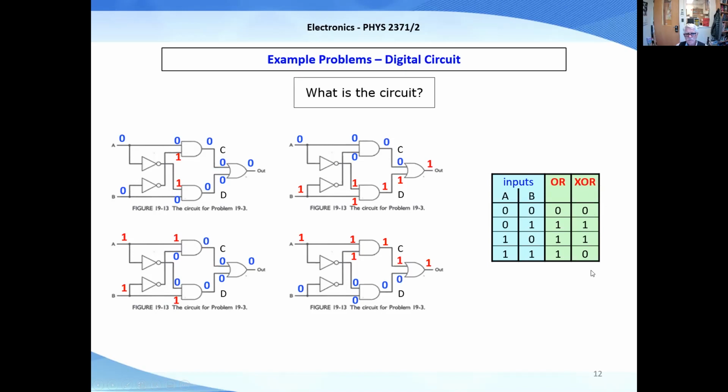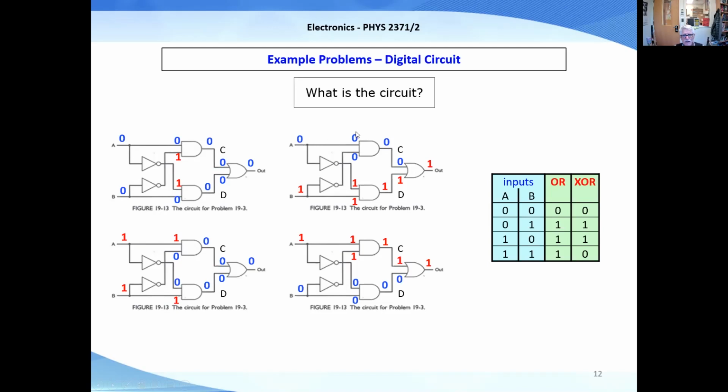Exclusive OR. Okay, any questions on how to do this? I'm sure there's going to be something like this on the exam. You just basically follow it through.